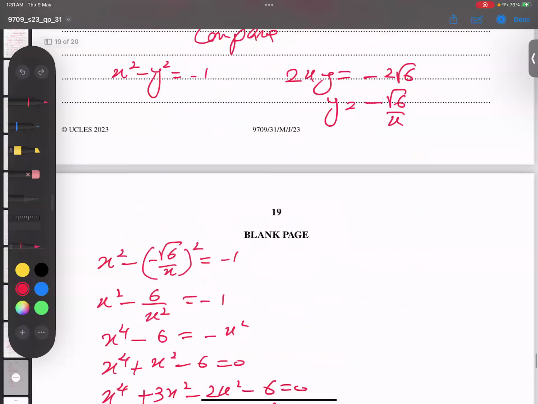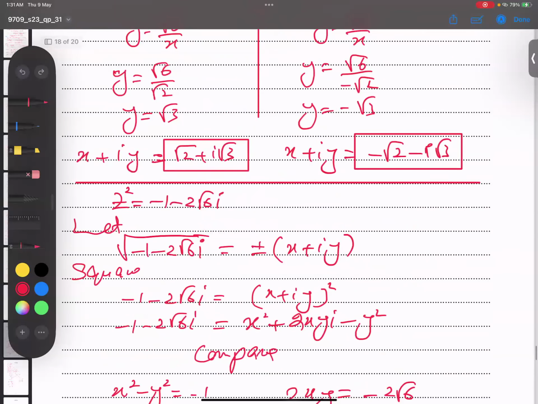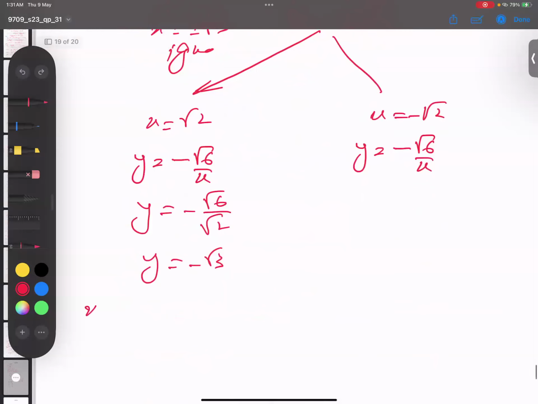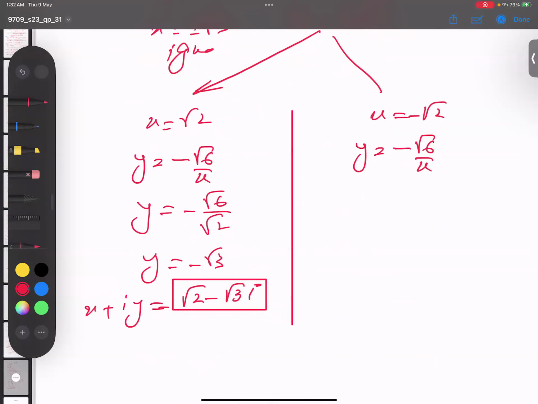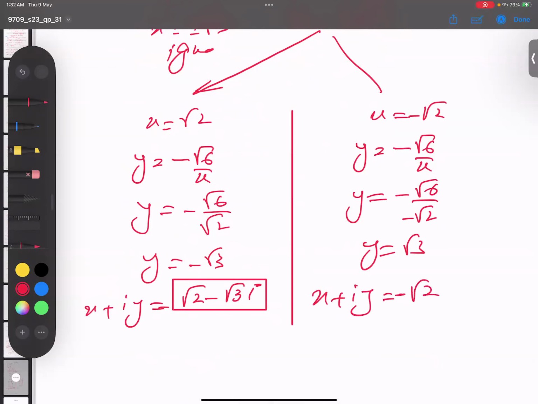And look, I have taken x plus, so it means x plus iota y. X comes from there and negative root 3 iota comes from it. And root negative 6 over negative root 2 gives us only root 3 positive. So x plus iota y equals root 2 negative, and this becomes positive.